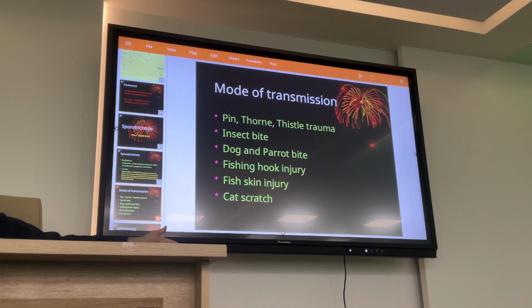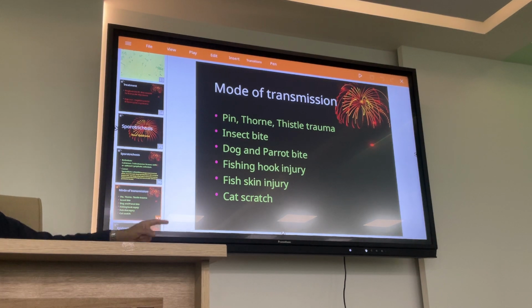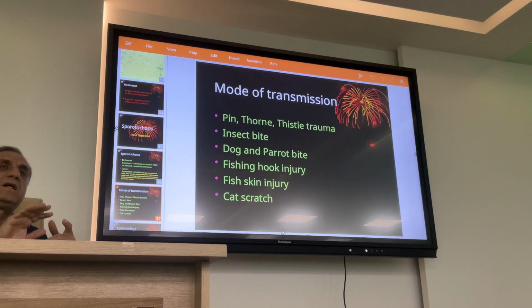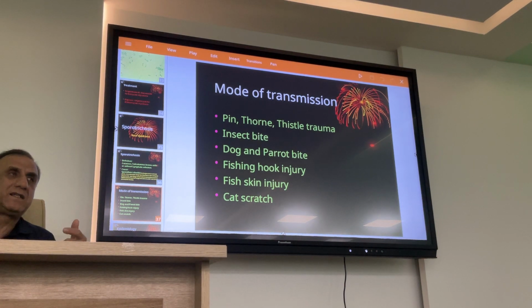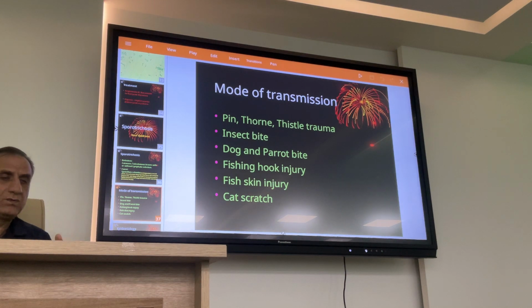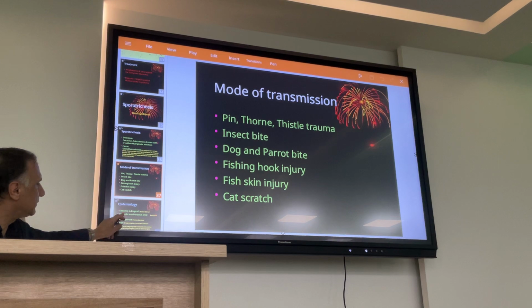Sometimes we have reports. And one of the main transmissions can occur by cat scratch, because this animal has Sporothrix on its nails, and with a scratch transfers the microorganism under the skin, to connective tissue.